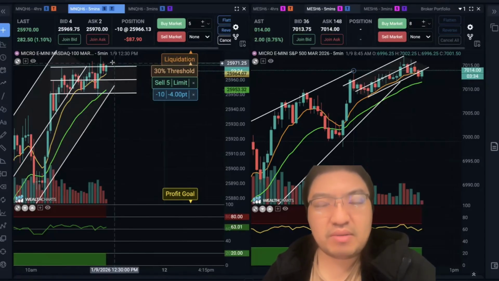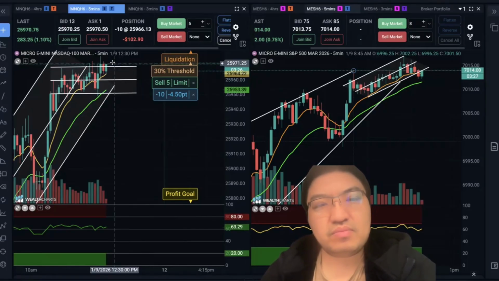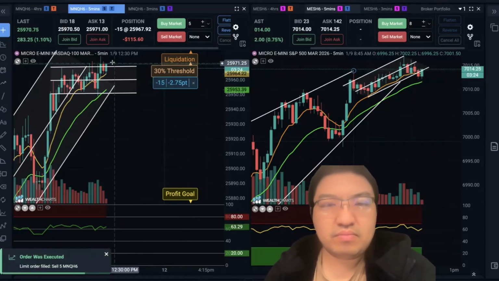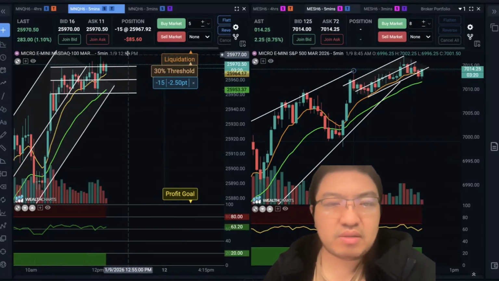If you keep going up, then okay, this is 15 again. So probably I need to set my stop loss somewhere here and see.